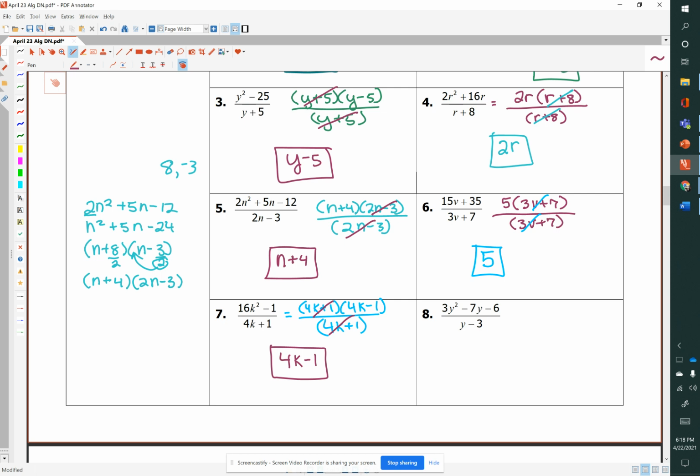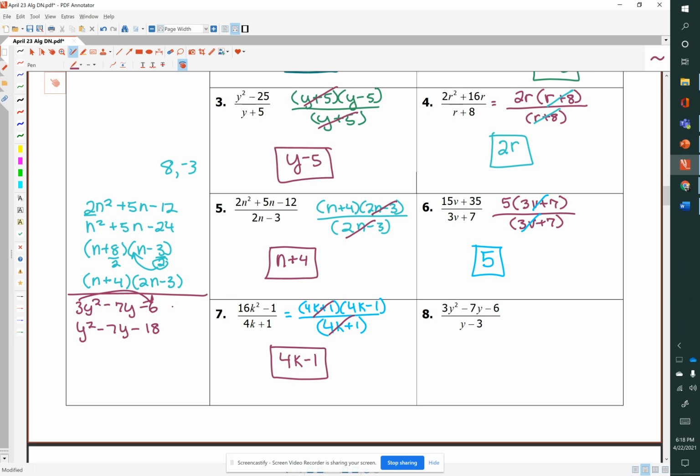And number 8, we need to factor number 8. We cannot take out a greatest common factor. So we're going to try slip and slide. So let's see. 3y squared minus 7y minus 6. Y squared minus 7y minus 18.